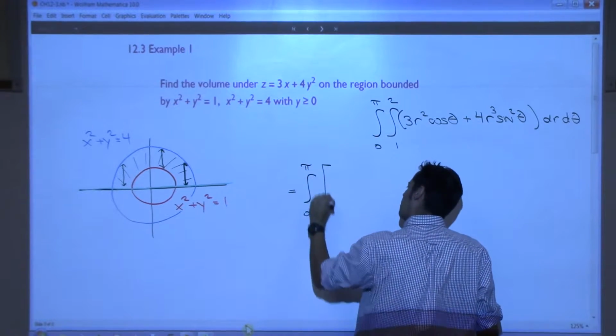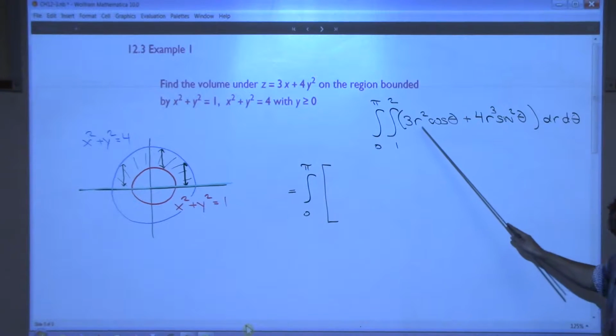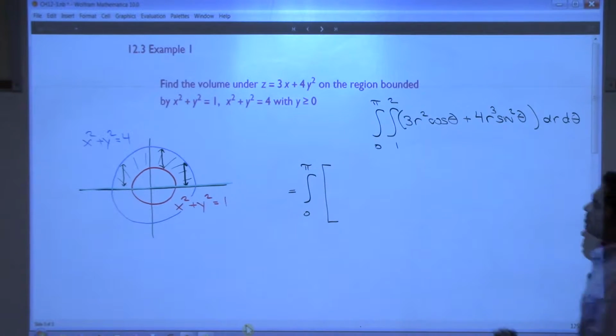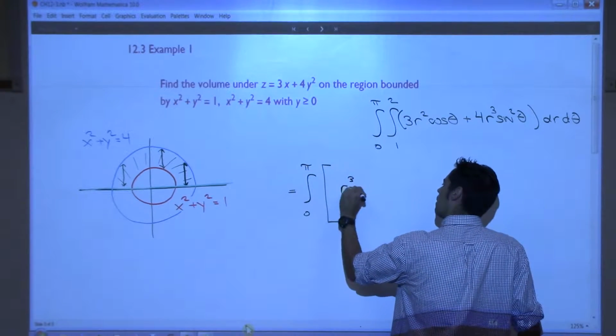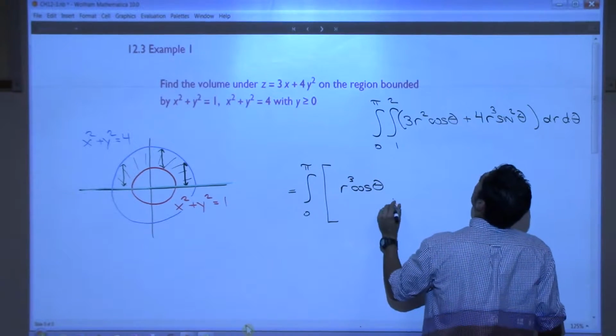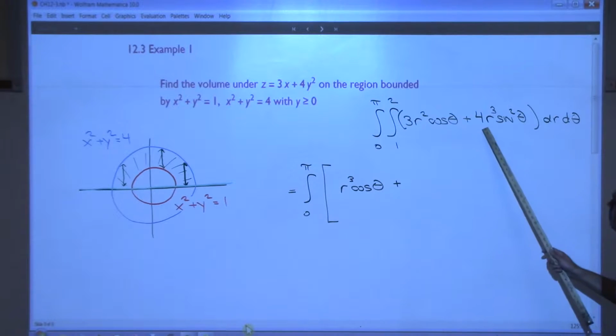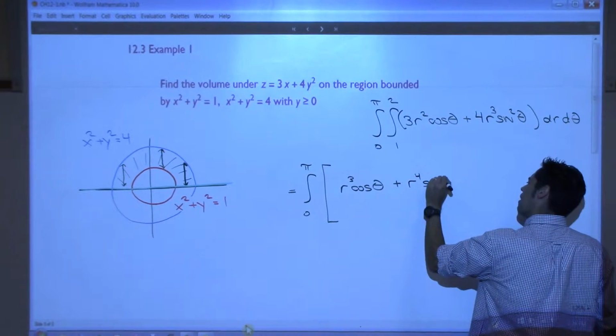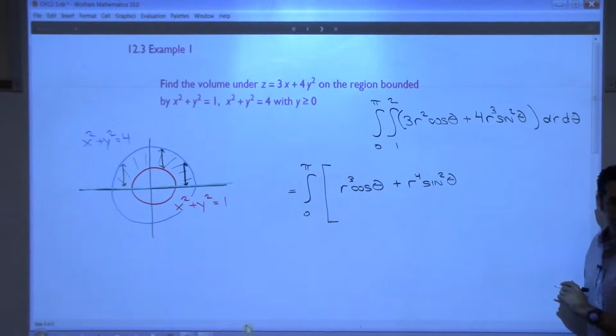So here, what is the antiderivative of this thing with respect to r? So r cubed cosine theta plus r to the 4th sine squared theta. That's your antiderivative, right?